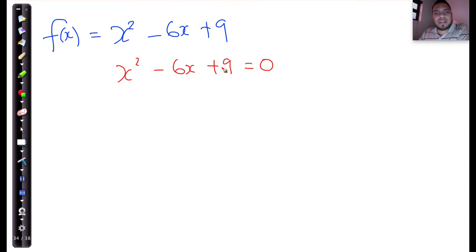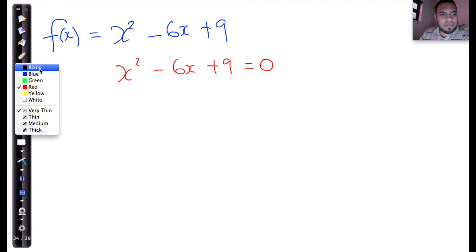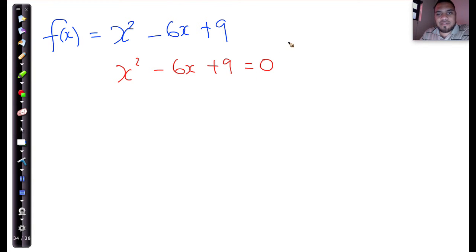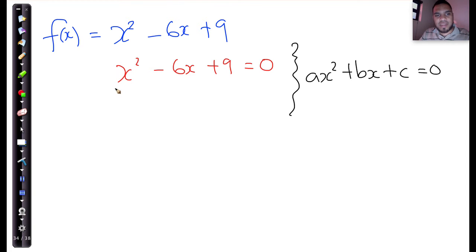Now that is already in standard form, ax squared plus bx plus c equal to 0. So there's my a value, which is an invisible 1. The negative 6 is my b value, and my c value is positive 9. And I've got equal to 0 because that's part of the standard form.